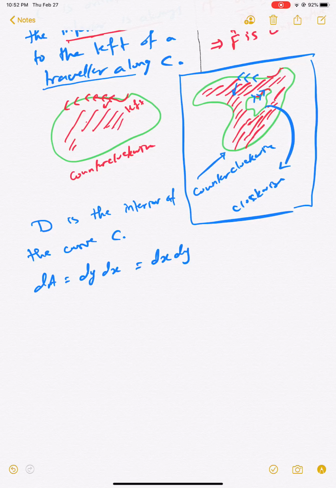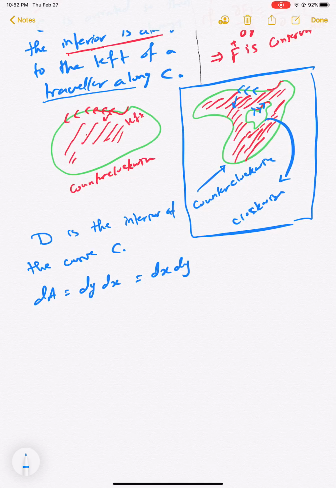Whether you say dy dx or dx dy, they are the same in doing the integral. Here we just need to remember that the integral dx dy is equal to dy dx, assuming some conditions. But for our purpose, we assume the conditions are fulfilled all the time. So this is Green's theorem.